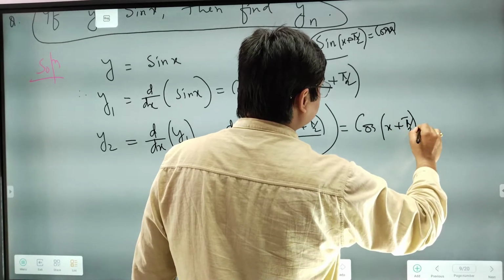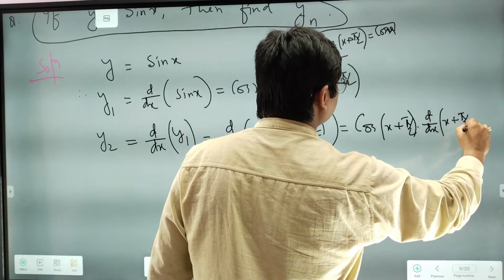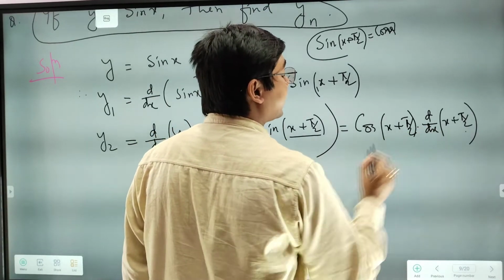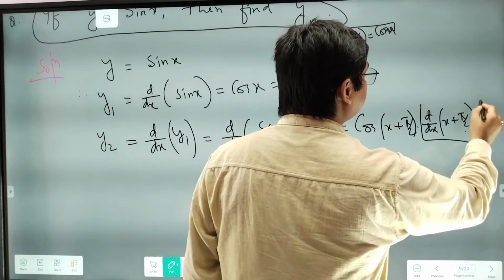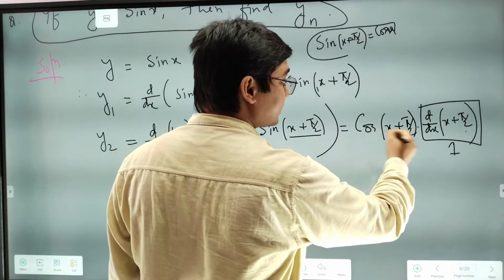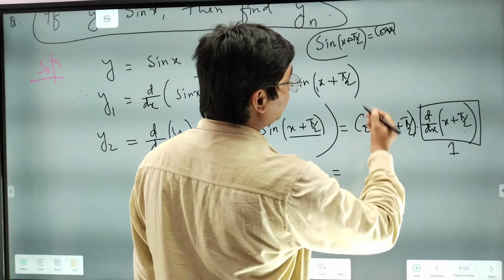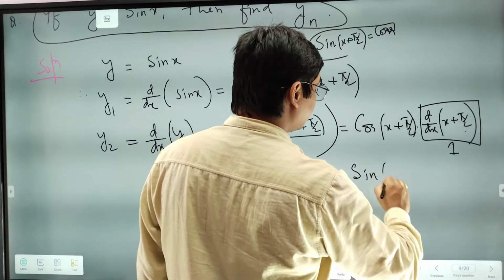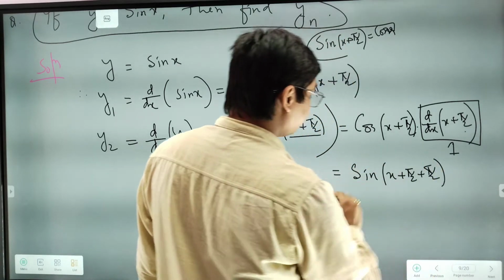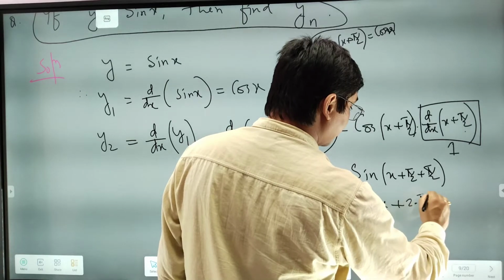And derivative of x plus pi by 2: derivative of pi by 2 is 0 and derivative of x is 1. That means this value will be 1. ये पूरा value 1 हो जाएगा. That means this value will be cos of x plus pi by 2. Now इसको again sin में convert करो. So this will be sine of x plus pi by 2 plus pi by 2. That means this will be sine of x plus 2 into pi by 2.